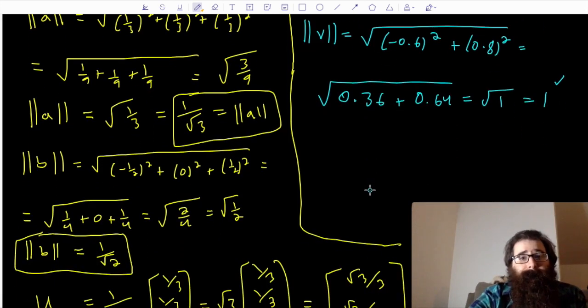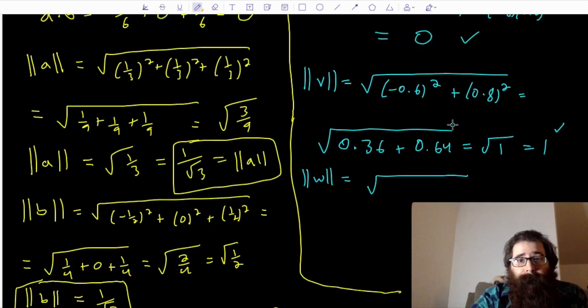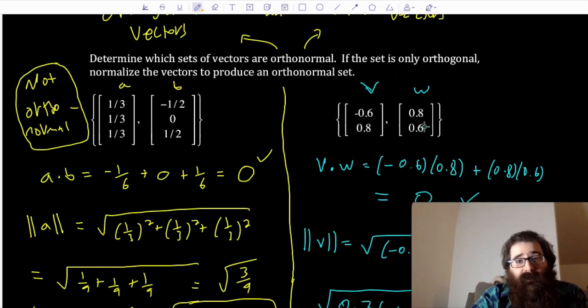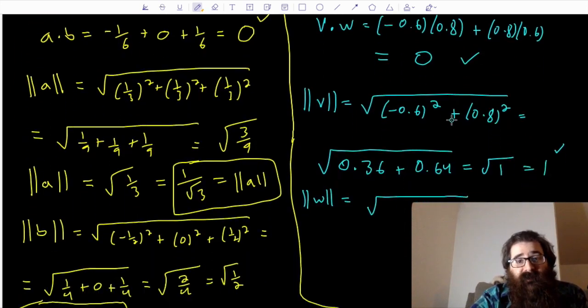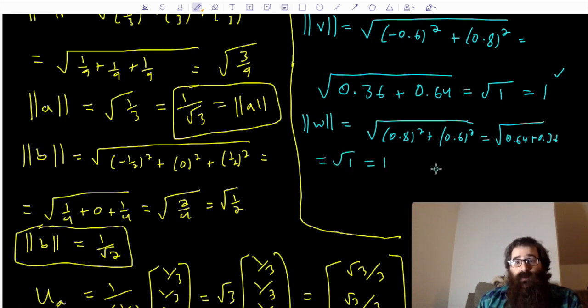Now, you can imagine that when I go to find the length or the magnitude or the norm of vector w, it's not really going to be too different. Since I have 0.8 and 0.6 as the entries, it's the square root of 0.8 squared plus 0.6 squared, which gives me that familiar square root of 0.64 plus 0.36, which is going to give me square root of 1, which is 1.